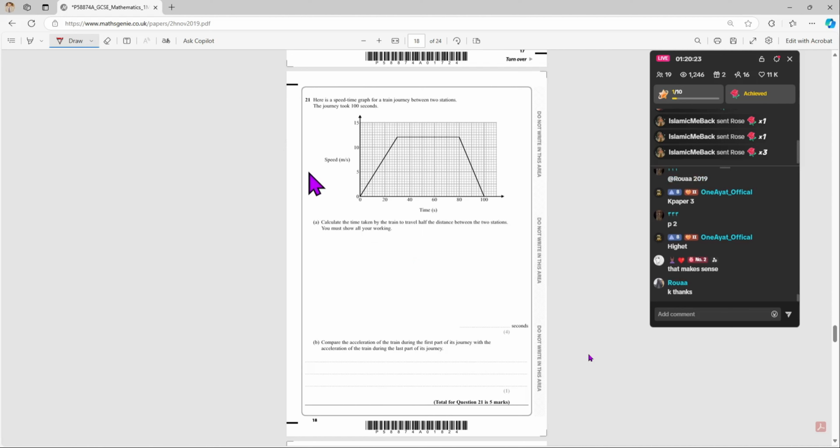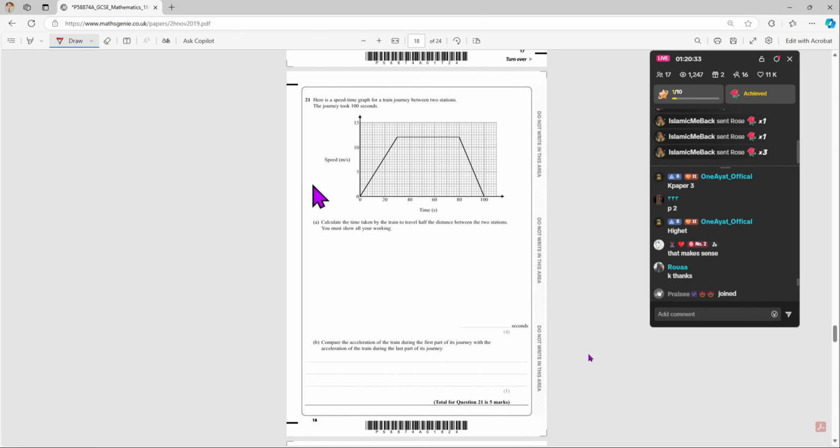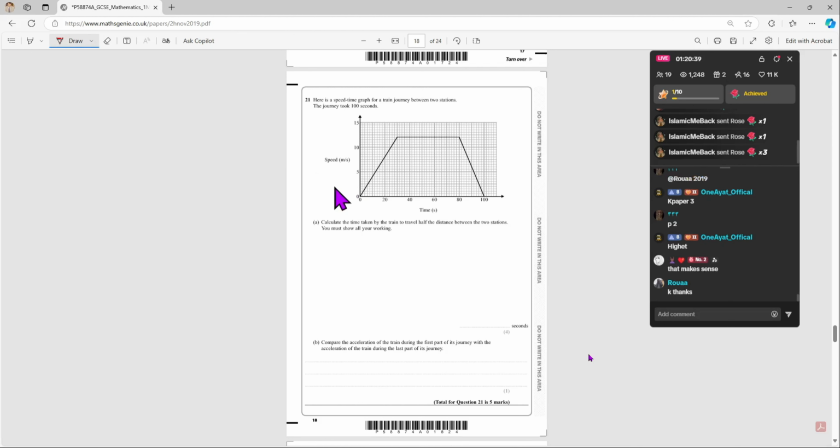We know that speed is equal to distance over time. In this case, we are given the speed and the time, so we can work out the distance it travels.